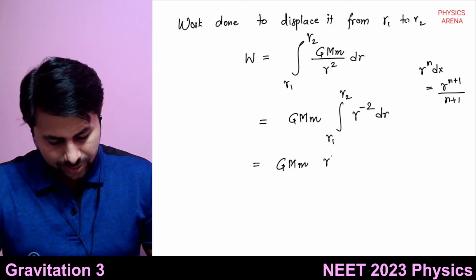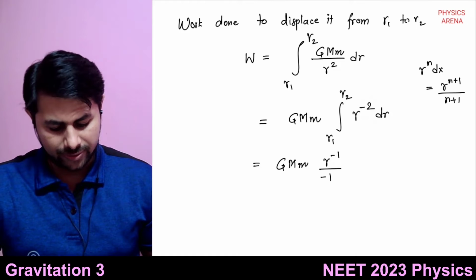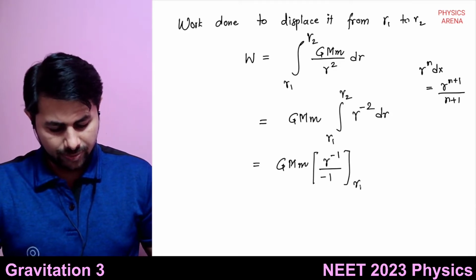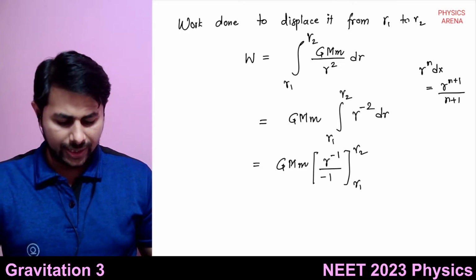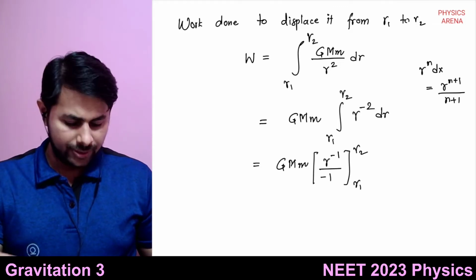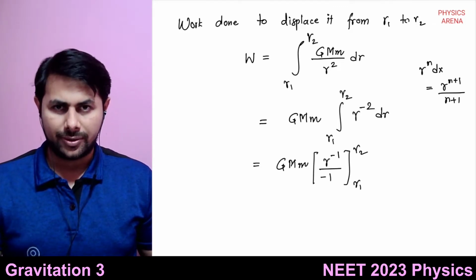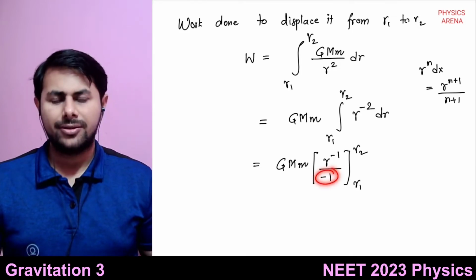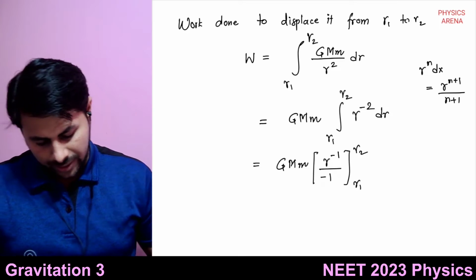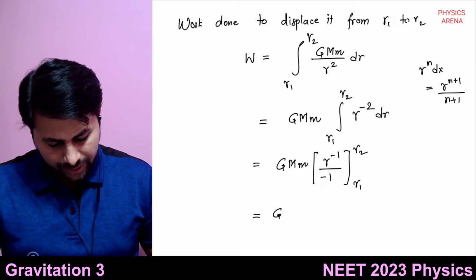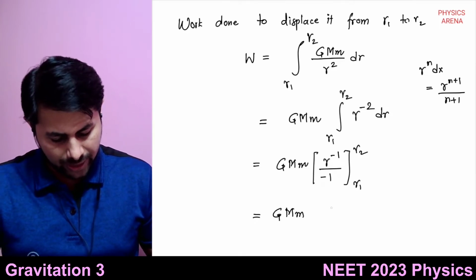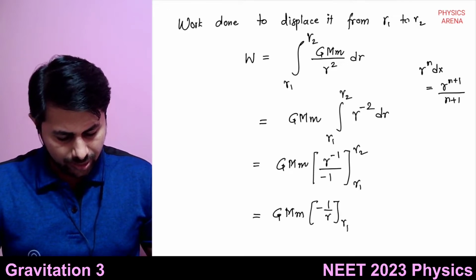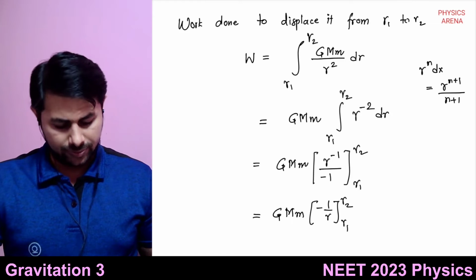That is r raised to minus 1 upon minus 1, or we can write it as minus of 1 upon r, so it is G times Mm multiplied by minus of 1 upon r from r1 to r2.